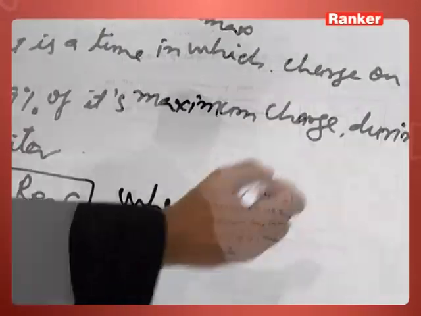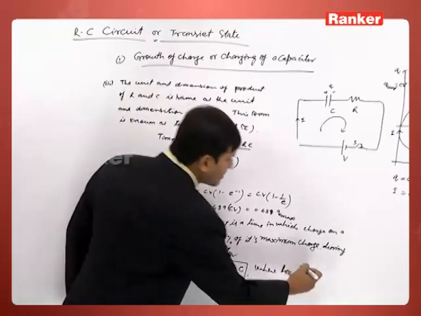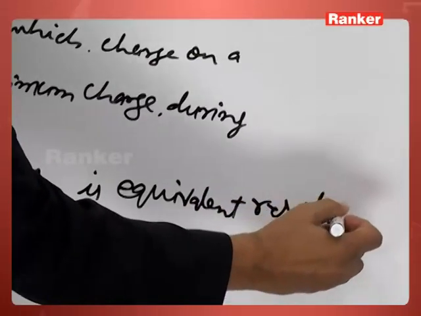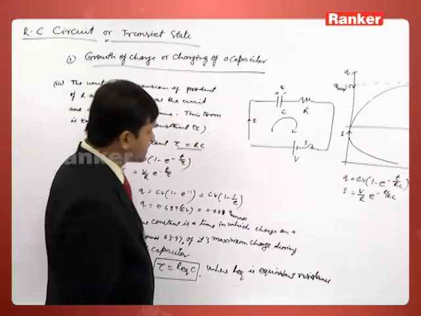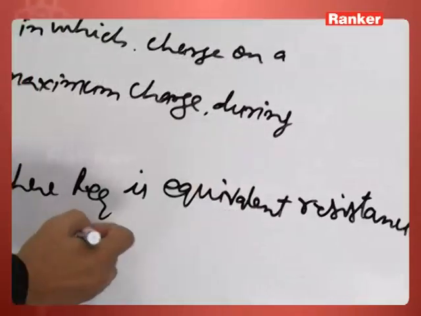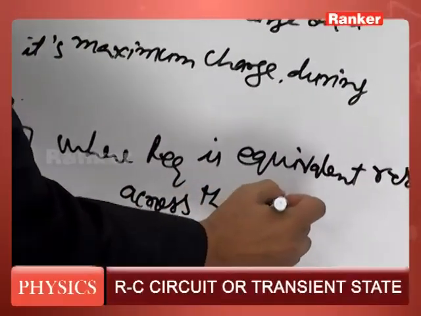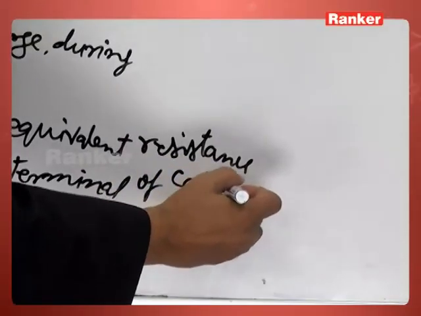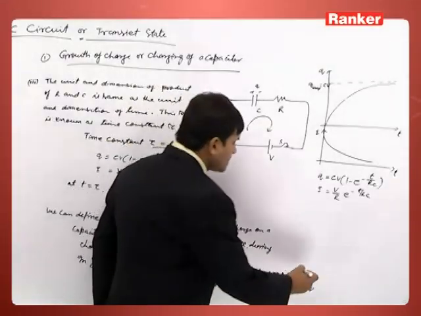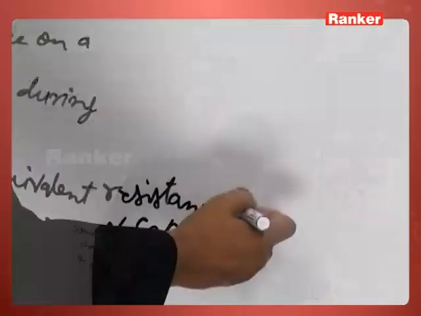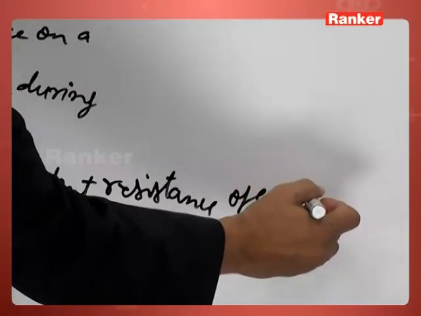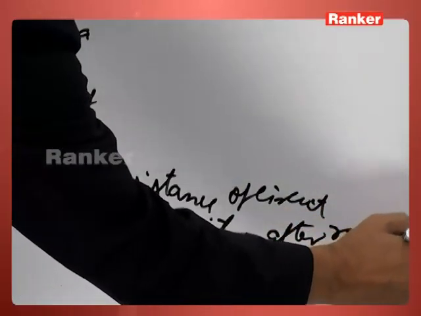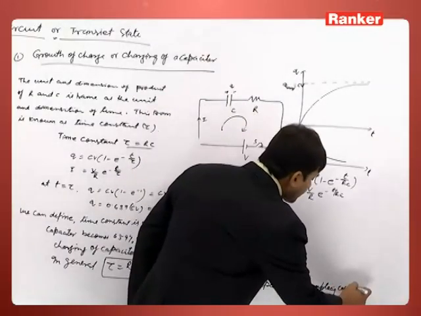R equivalent is the equivalent resistance across the terminals of the capacitor, the equivalent resistance of the circuit across the terminals of the capacitor after replacing the cell with a wire.